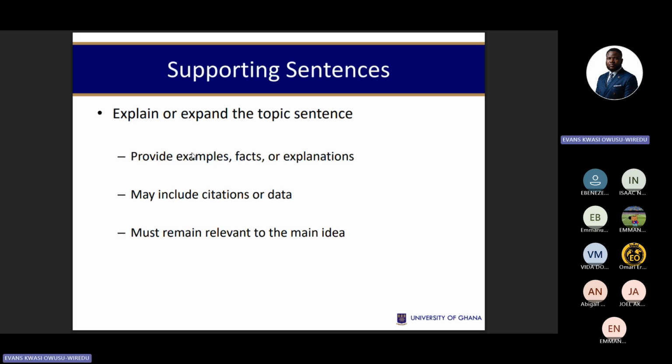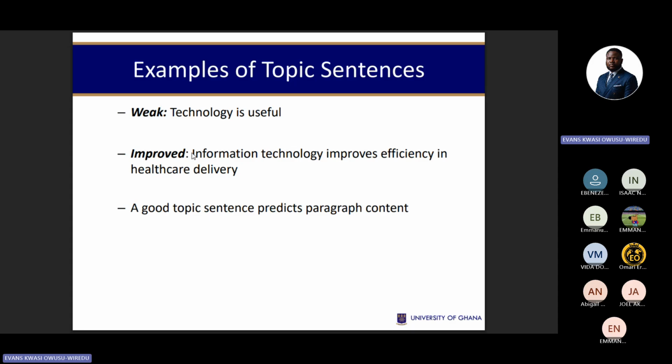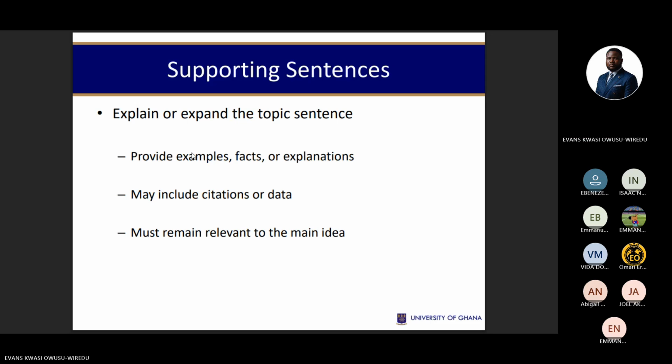You get it? How, and the data on how it has improved efficiency in healthcare, from this year to this year, all these things are included in the supporting sentences. You must include them if you are supposed to write, which we are not. I don't want to spend our time on some things that will not come in the exam. You get me?